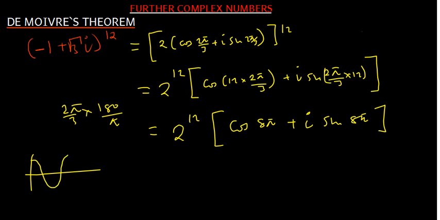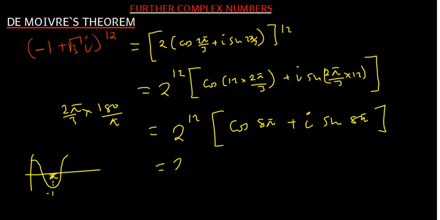This point here is a negative 1, so now we are talking of cos 8 pi. So cos 8 pi is a 1. Just like this one, this point here is pi, positive. So cos 8 pi is going to give us a 1 anyway.